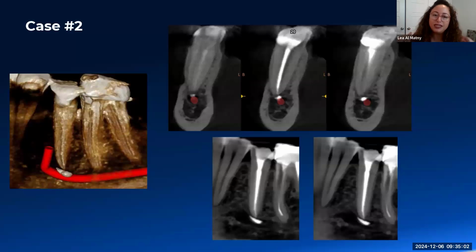The first variation of normal that I'm going to share is the location of the mandibular canal itself with respect to the mandibular premolars and molars. In some patients, you will see the mandibular canal course inferiorly, sometimes very close to the inferior border of the mandible.